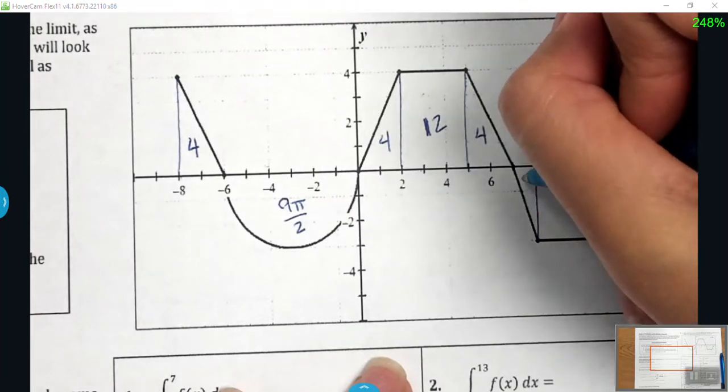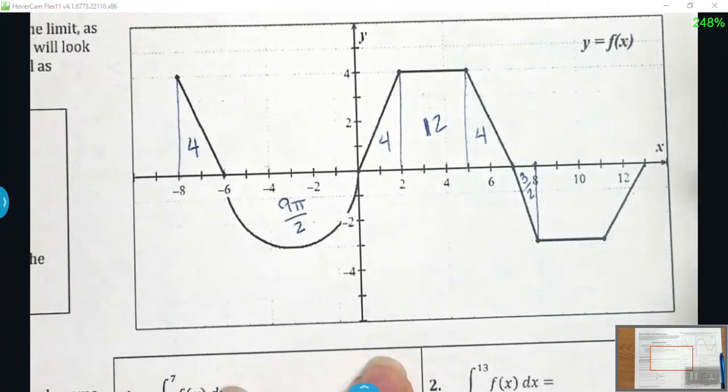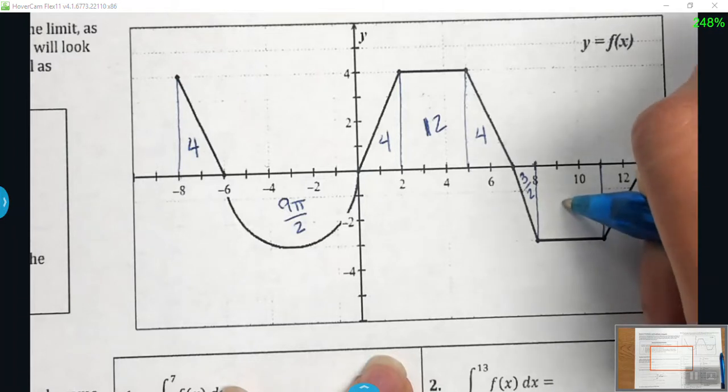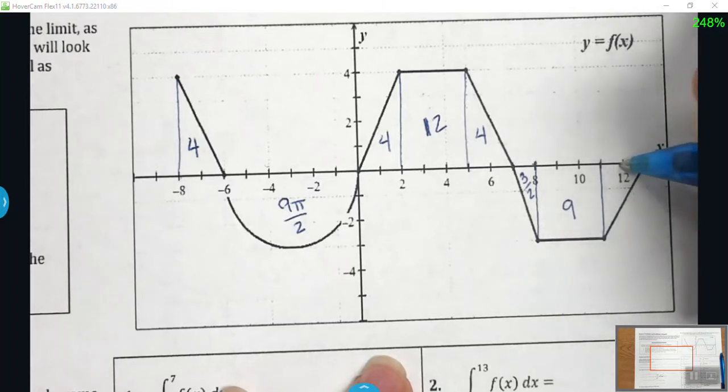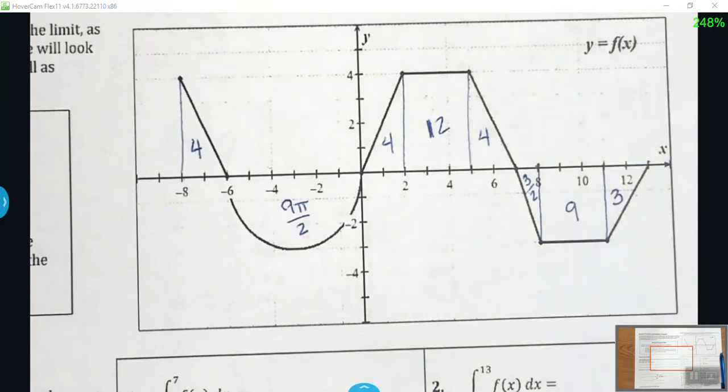So 3 over 2. And then here is 2, 3, and 2 times 3 divided by 2 is 3. Okay, cool. Now we've calculated all the little areas from the function to the x-axis.